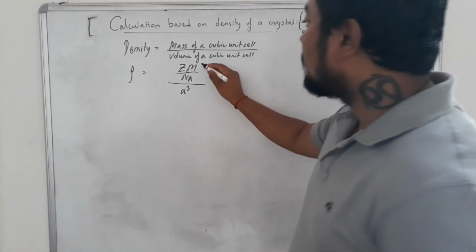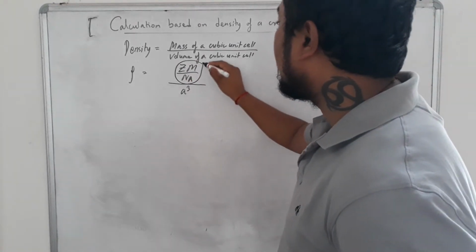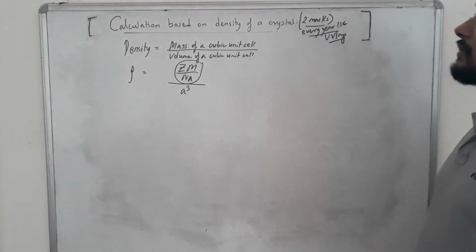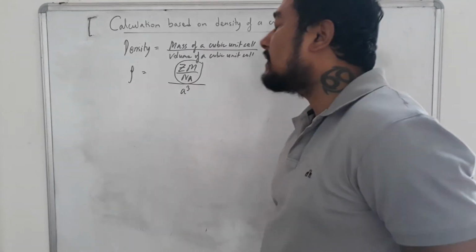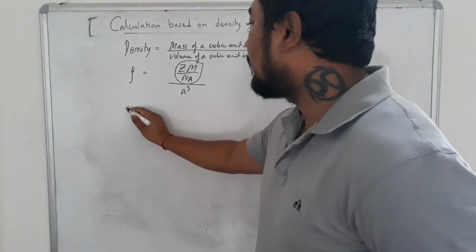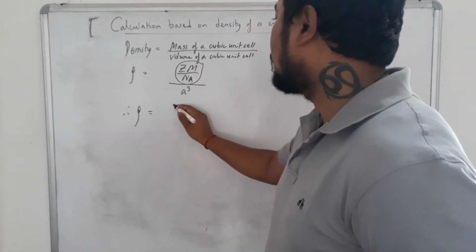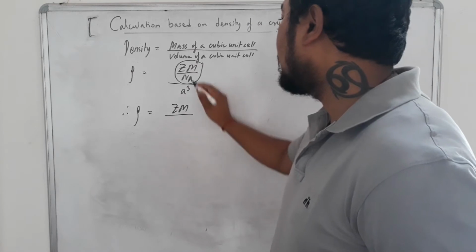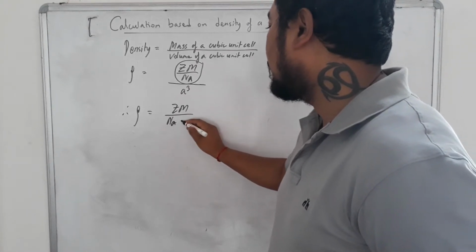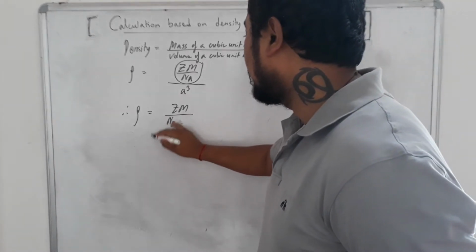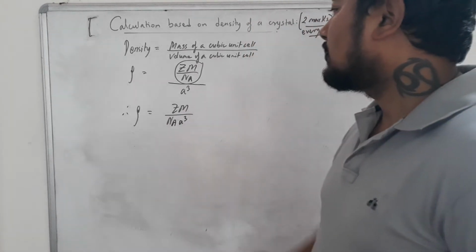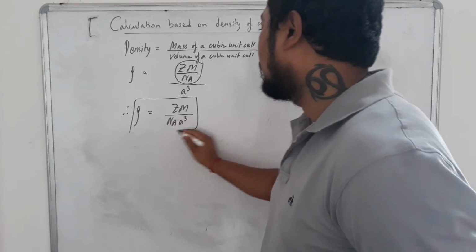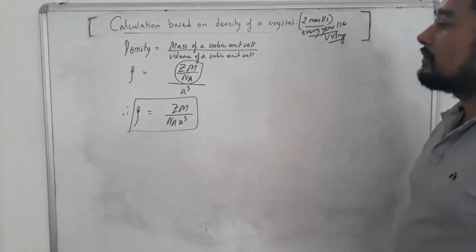So remember, the numerator Zm by Na is the mass of a cubic unit cell, whereas a cube is the volume of a cubic unit cell, where rho is the density. So from here, rho is equal to Zm, and you can bring this down, so it becomes Na a cube. This is the formula to calculate the density of a crystal.